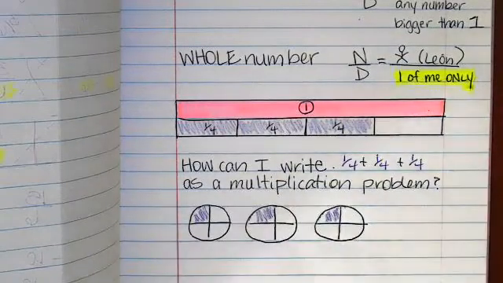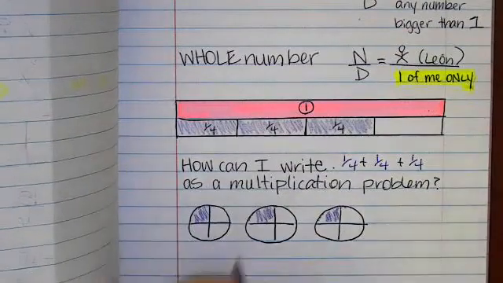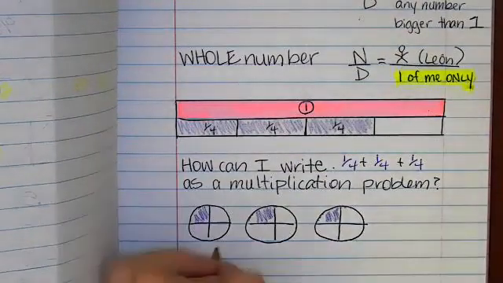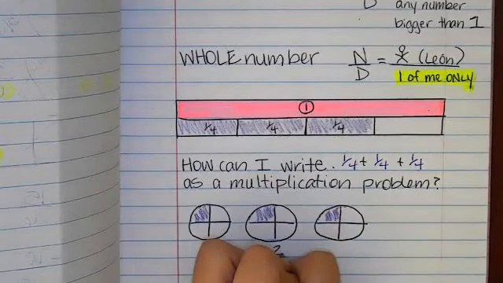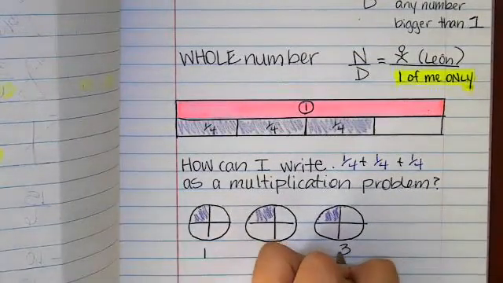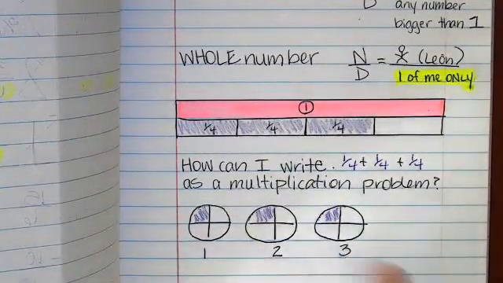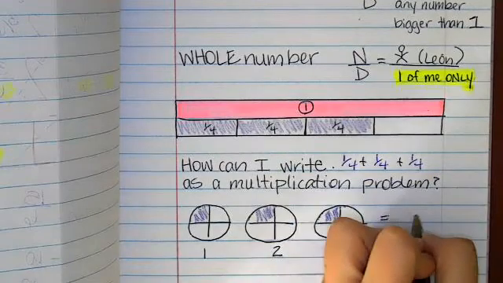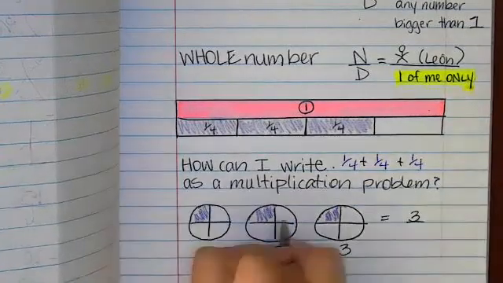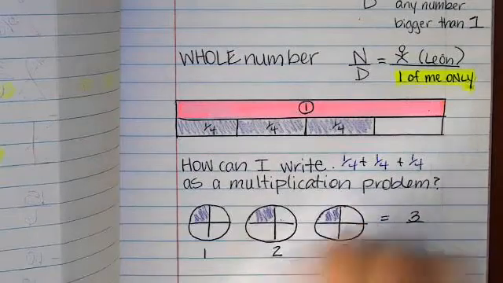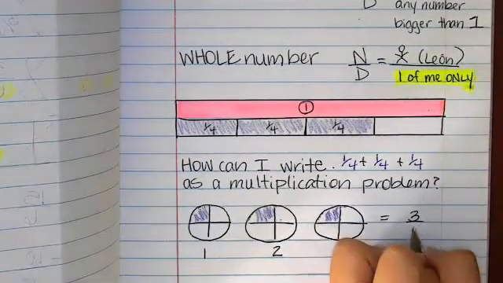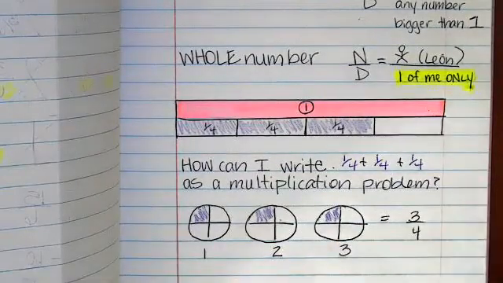So I have 1/4 of each circle shaded. There's one circle, there's a fourth, another fourth, and then a third fourth. When I put all of this together, it would equal 3 fourths, because each circle is cut into 4 pieces: 1, 2, 3, so 3/4.